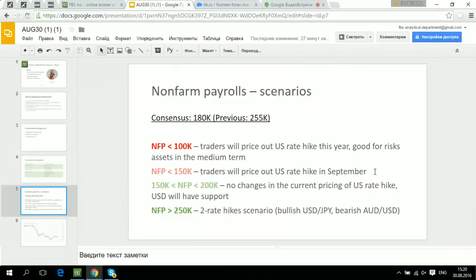They will think that the possibility of a rate hike in September is underpriced, and it will be a bullish trigger for the US currency against all others, of course, but here I've pointed out specifically the dollar yen and the Australian dollar, US dollar.